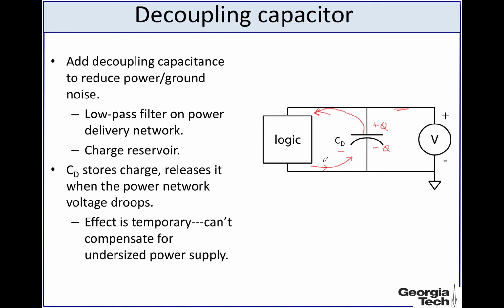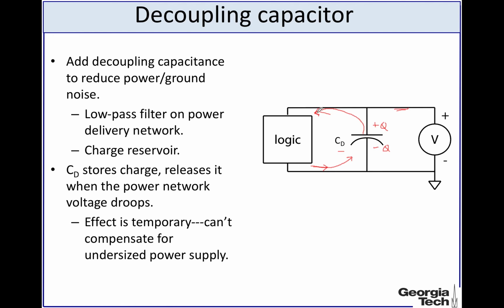mitigates the drop of the power supply voltage across this logic block during the high activity region, during the instances when the logic block goes through a high activity time duration. All right.